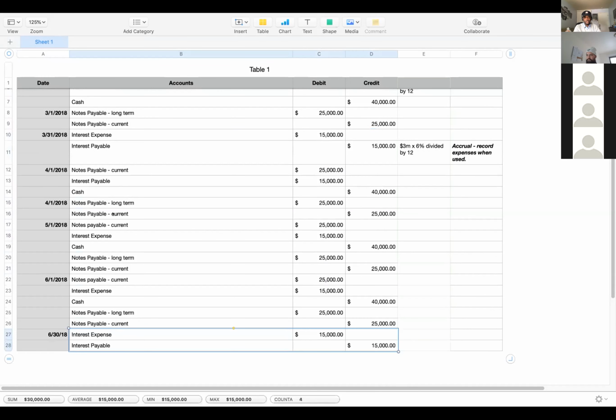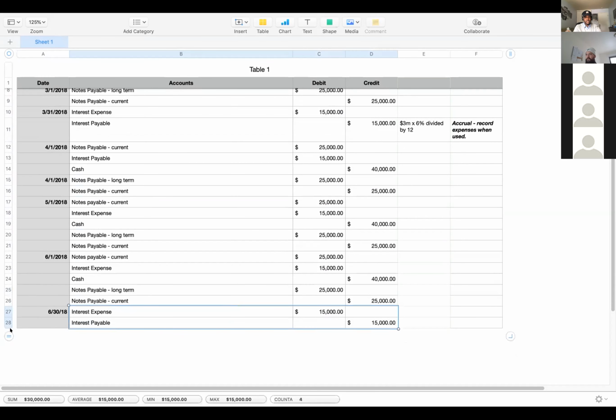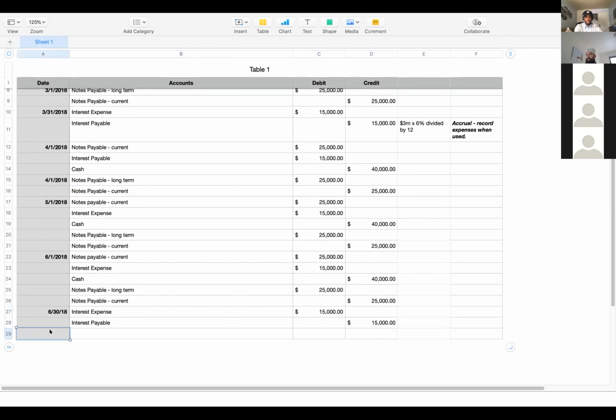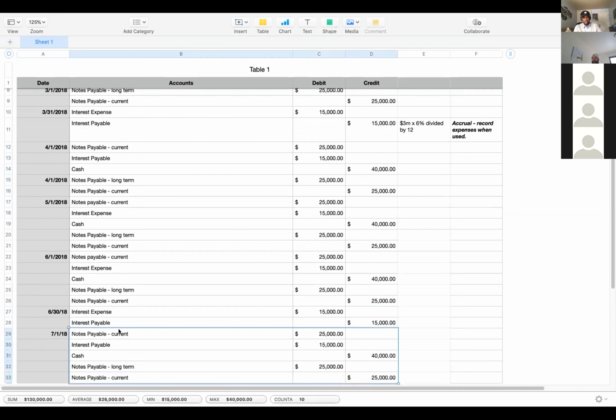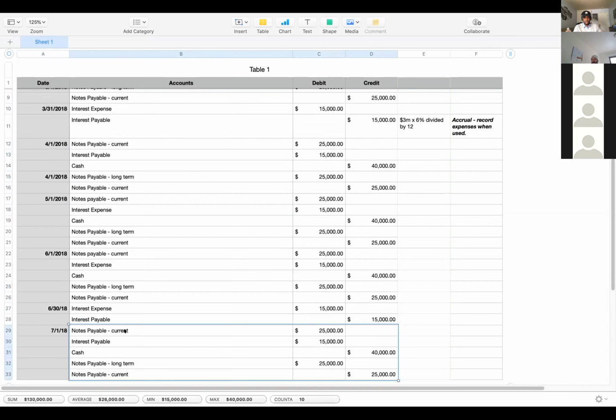Yes. Okay, I got it. Which means 7-1 looks like 4-1. We're reducing our interest payable, not the expense. Got it. Sounds good.